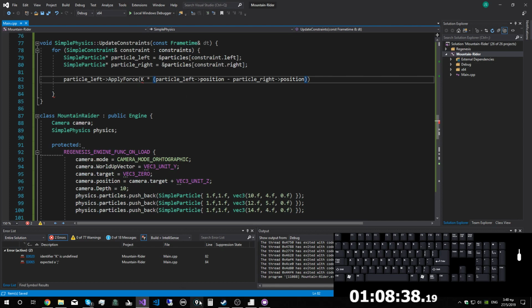Let's see, let's have a diagram. So we have the two particles here, let's say are these two guys. And what we do here for the left one, let's say the left is this guy. We are getting that vector.